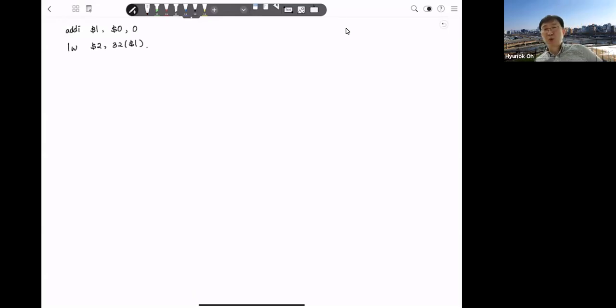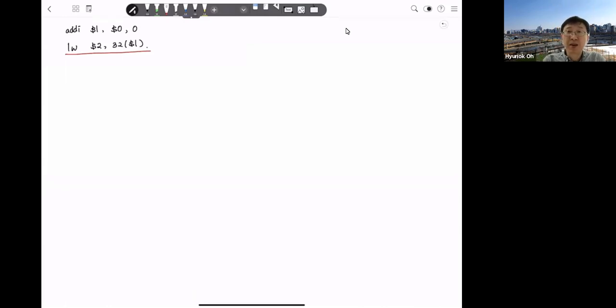We just give a 0 value to $1. Maybe we don't need it, but anyway. And then if we run this code, maybe there's nothing. Initially the memory will be 0 value or garbage value. So the garbage is loaded.